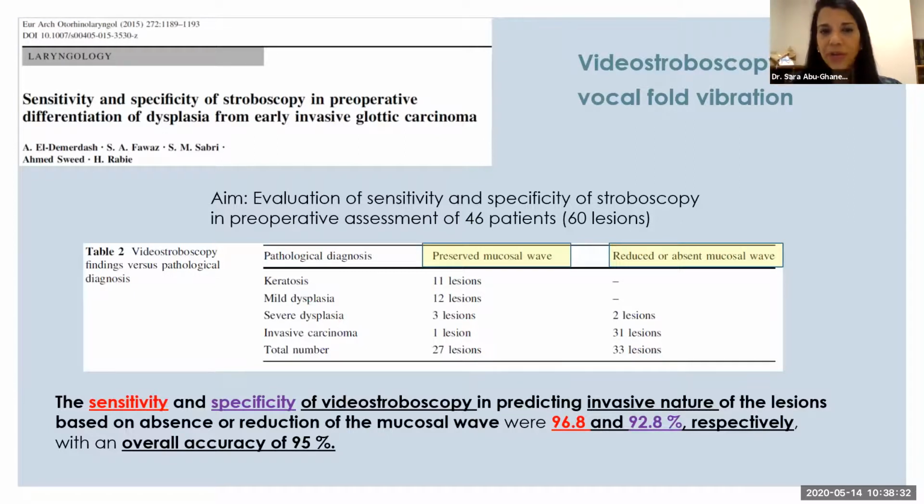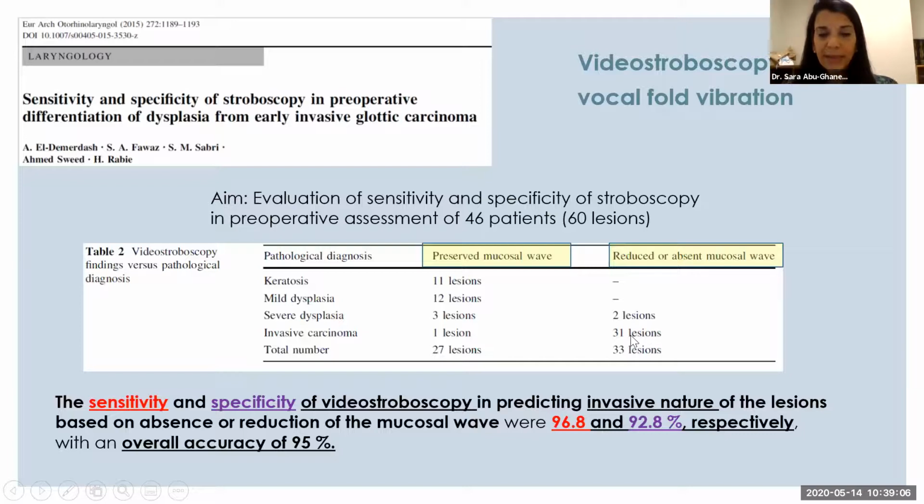In terms of video stroboscopy, a lot of us feel that it can help us with differentiating pre-cancer, I would say benign, and cancerous lesions. This is one example of one study. There are several of them, and this one was published in 2017. It had a fairly small number of patients, but they divided the patients into preserved mucosal wave with leukoplakia, or reduced or absent mucosal wave.